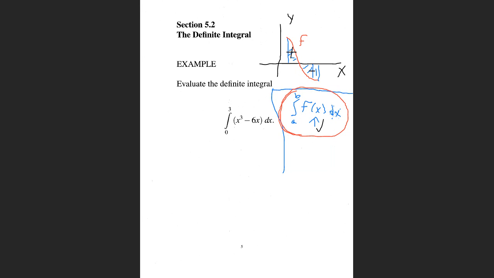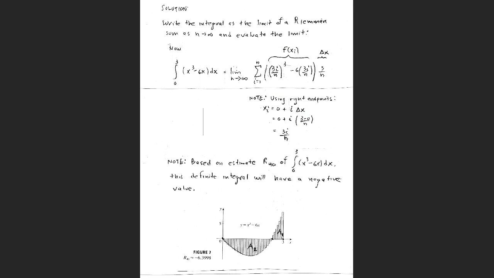Now, what we did in the last class was we said, let's evaluate this definite integral. And we wrote the integral as the limit of a Riemann sum. This is in your notes and in the recording from last week. We write the integral as the limit as n goes to infinity of the sum where i goes from 1 to n of f of xi times delta x.